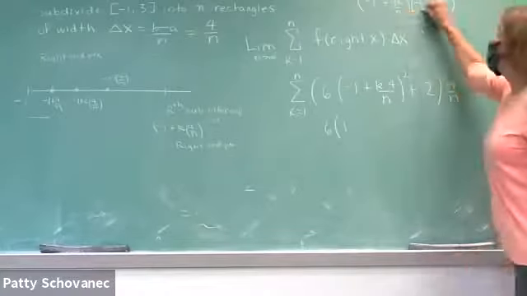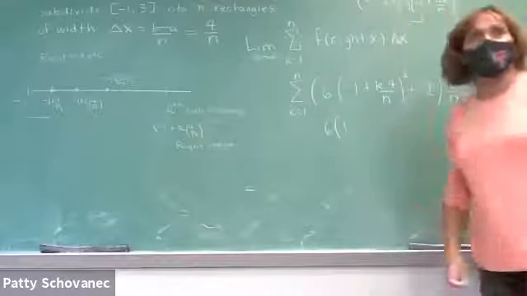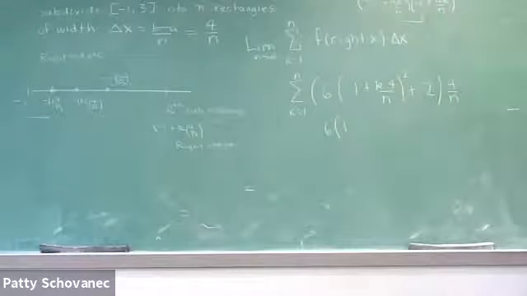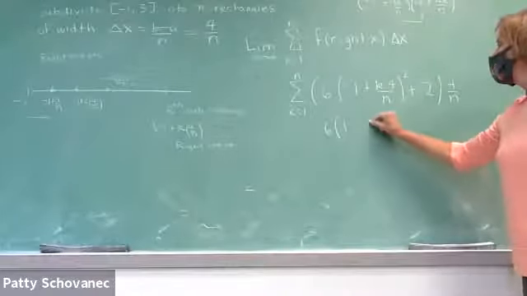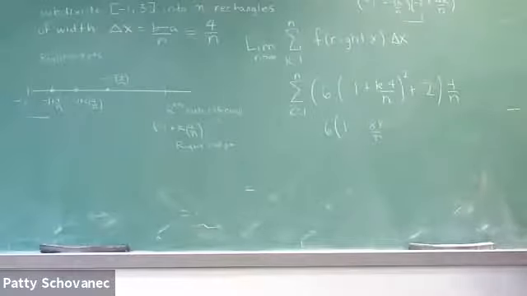Here I'm going to get -4k over n, and there's another -4k over n for a grand total of -8k over n. And then I square it, and I get 16k squared over n squared.